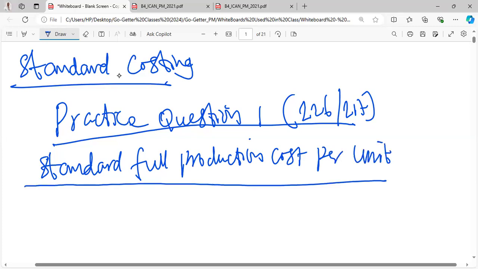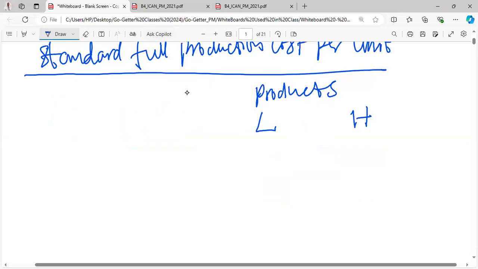This is what we are looking for. So what are the products? L and H. So this is L and this is H. So I can come here, put this here, and put this here.